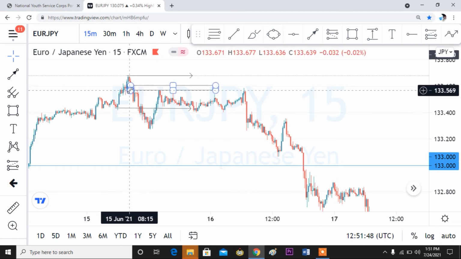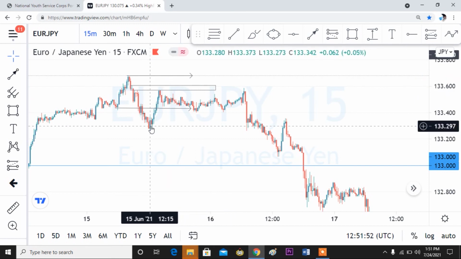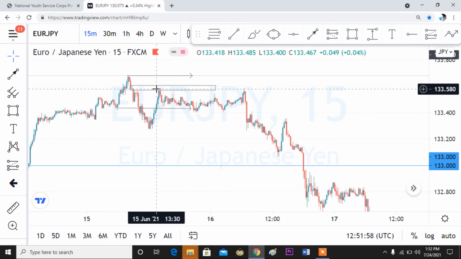So we wait for the market to come back to the last bullish candle. Remember, we said our entry should be the 50% of the last bullish candle or last bearish candle, depending on the direction we're going.